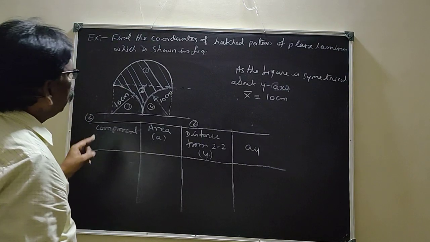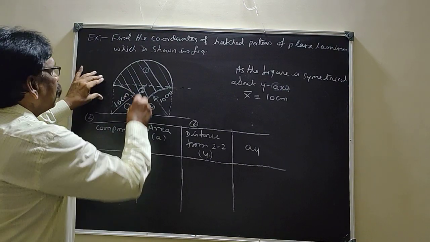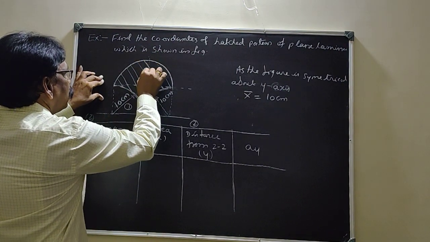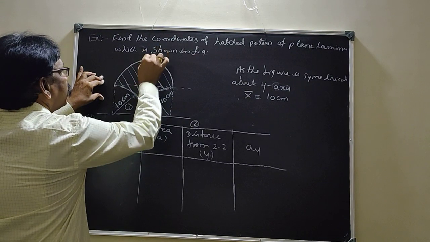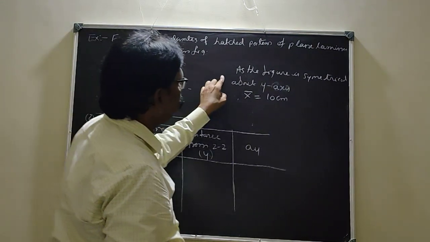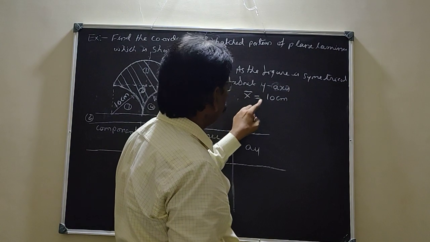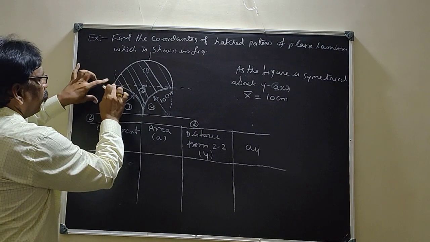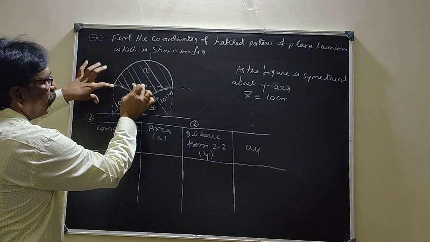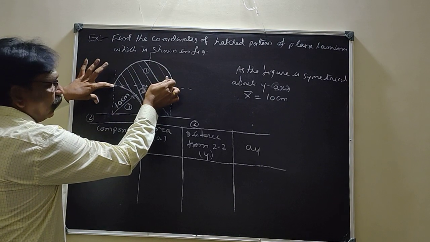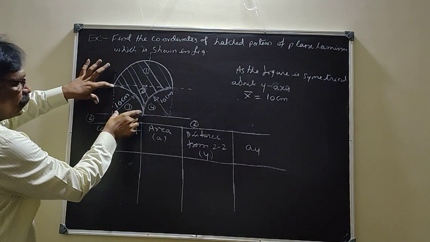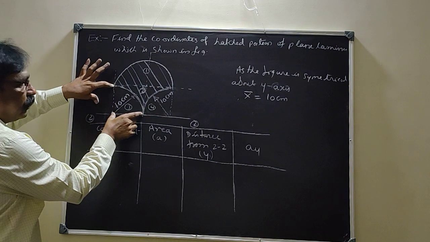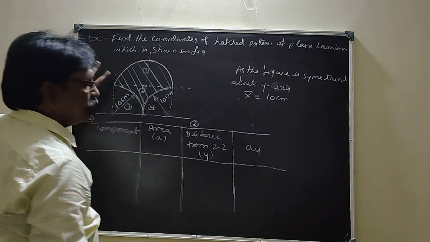Now if you observe this figure, it is symmetrical about the y-axis. Therefore, as the figure is symmetrical about the y-axis, x bar is equal to, if you take this as the extreme end, from here to here it will be the radius of the semicircle, that is equal to the radius of the quadrant, that is 10 centimeter.